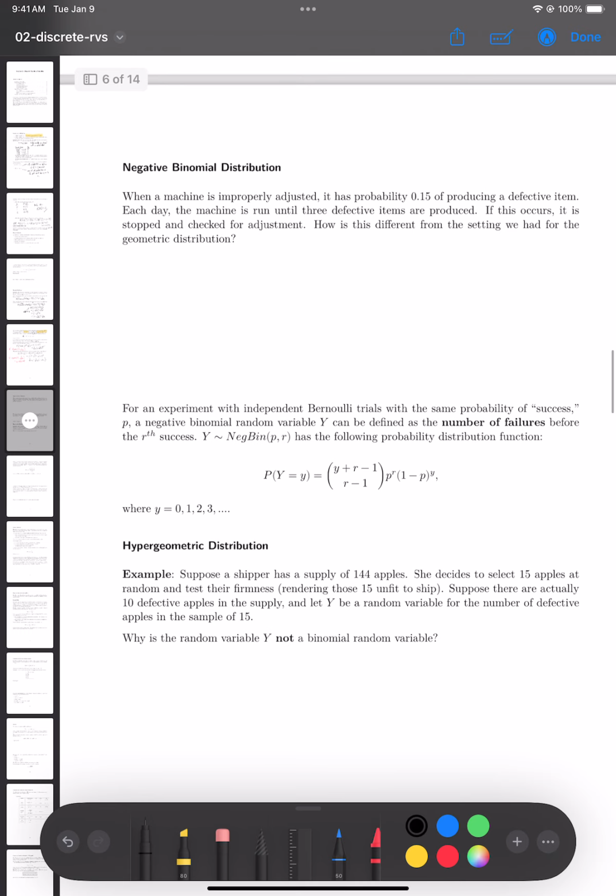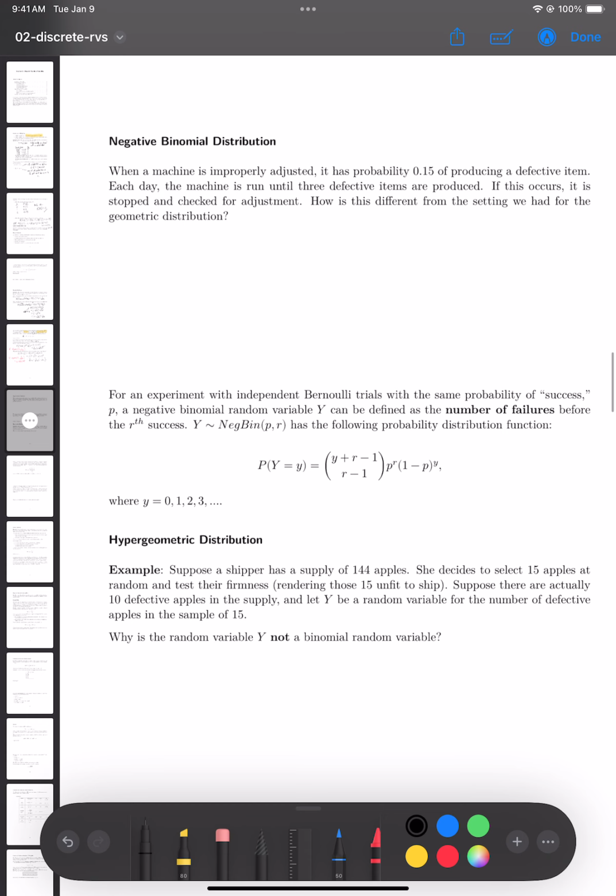But before we do that, I will just make a quick note that the negative binomial distribution that we will cover in class is actually more similar to the geometric. It has the word binomial in it, which is a little confusing in that it's not really that similar to the binomial distribution.